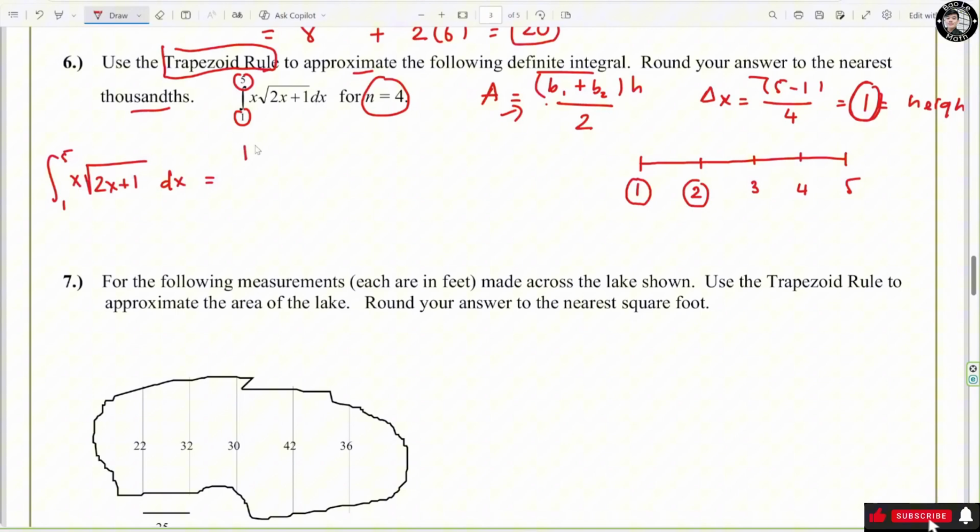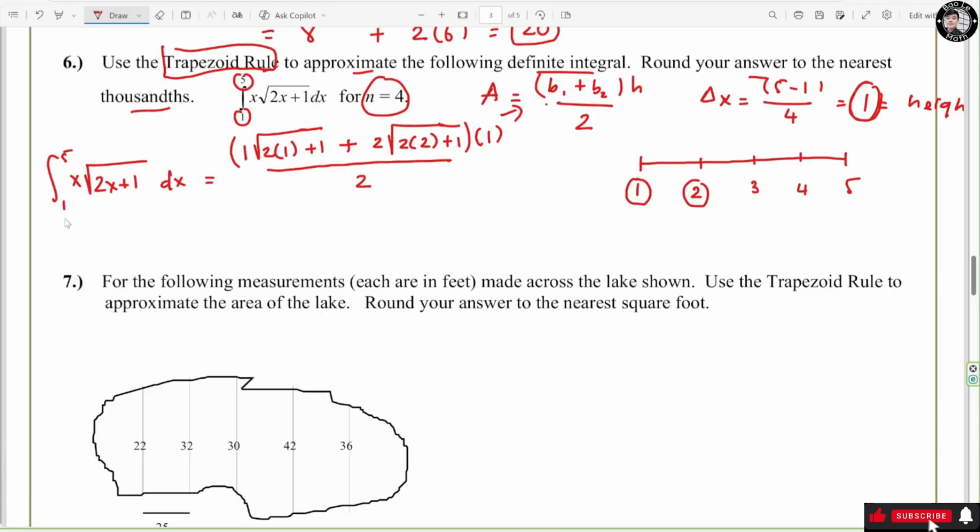It's going to be 1 times the square root of 2 times 1 plus 1. And base 2 is going to be 2 times the square root of 2 times 2 plus 1. All together times the height, which is 1, divided by 2.